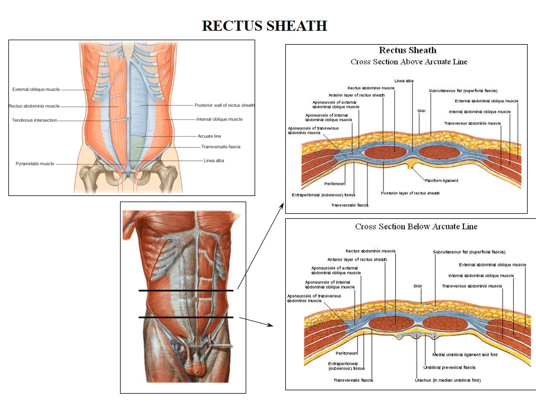Below the arcuate line, the anterior wall is formed of all three aponeuroses of all three lateral muscles, and the posterior wall is covered only by the transversal fascia and parietal peritoneum.